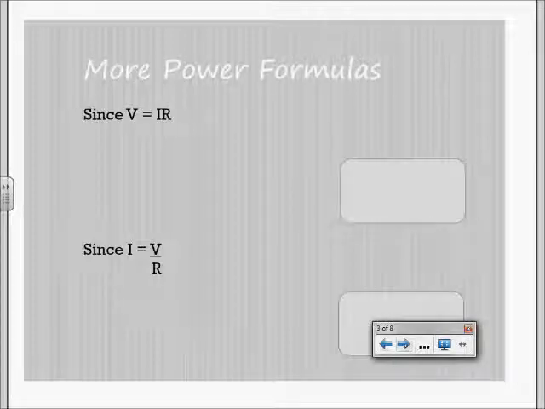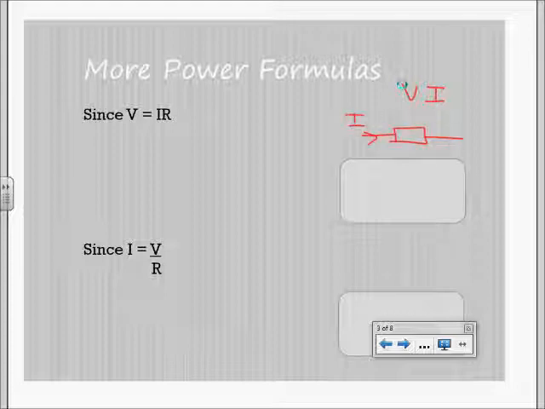Now, the first formula for power, V times I, is useful if you know what the potential difference is and what the current is. But you may not know that. If you've got a resistor, it's potentially possible that you know the current and you know the resistance. So let's look at a formula you could use if you just know those two things. Let's start with our formula.